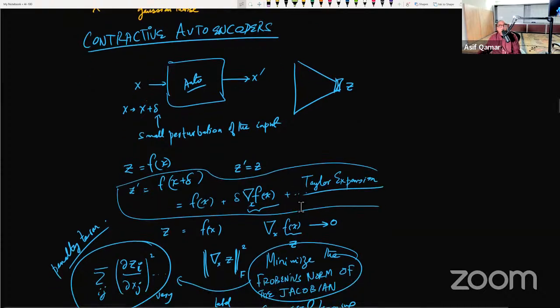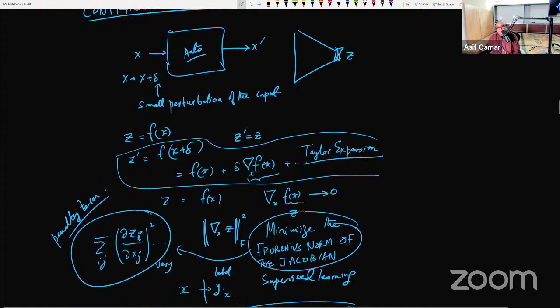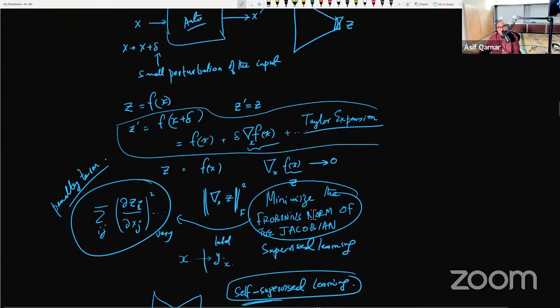So now we have the contractive autoencoder, which basically says that the latent representation should be invariant to small perturbations of the input.